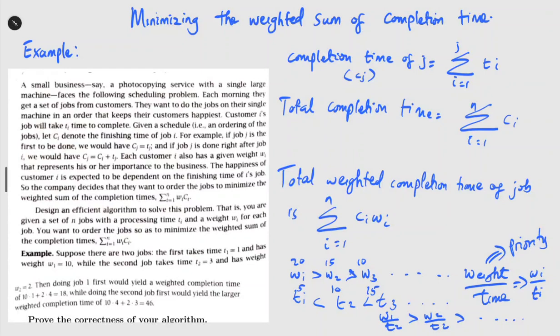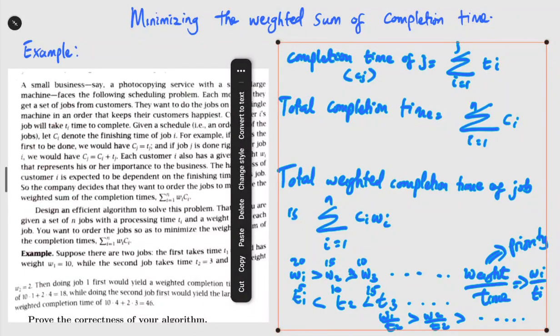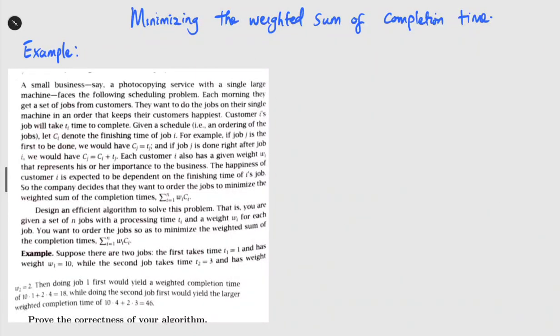Let's look at an algorithm for solving this. For each job, we are going to divide its weight by its processing time and call this the priority.